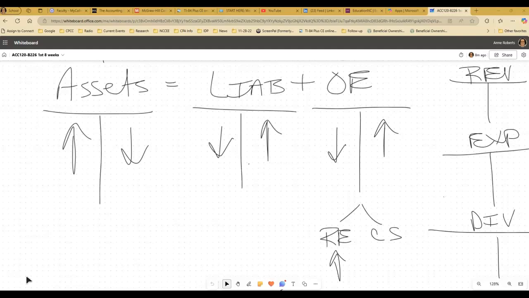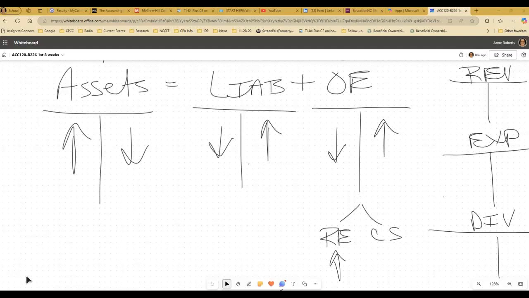So, for instance, try to picture that income statement. Holding everything else steady, if we increase revenues, that means that net income goes up or down. It goes up, which then means if net income increases, when we pull net income over to the retained earnings statement, that means the ending retained earnings is also going to go up.